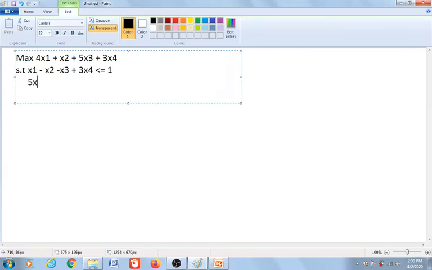Then 5x1 plus x2 plus 3x3 plus 8x4, and that should be less than or equal to 55.